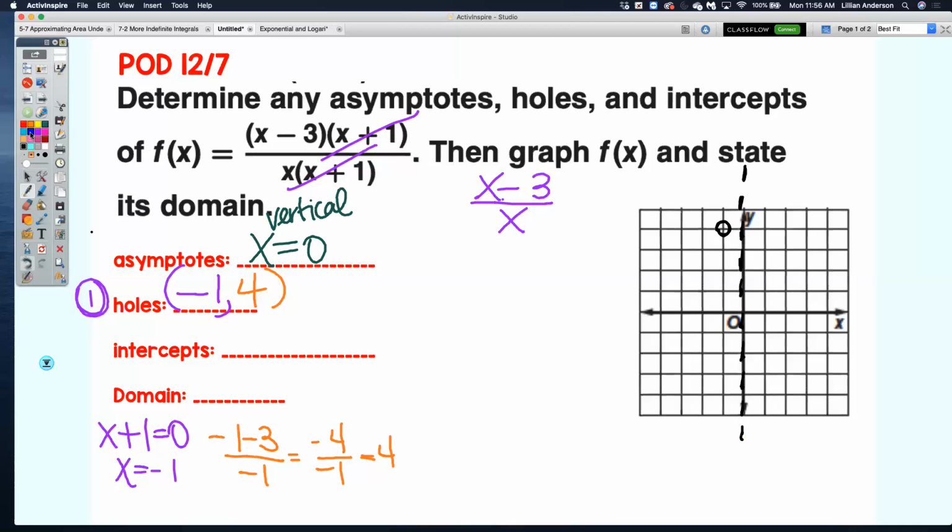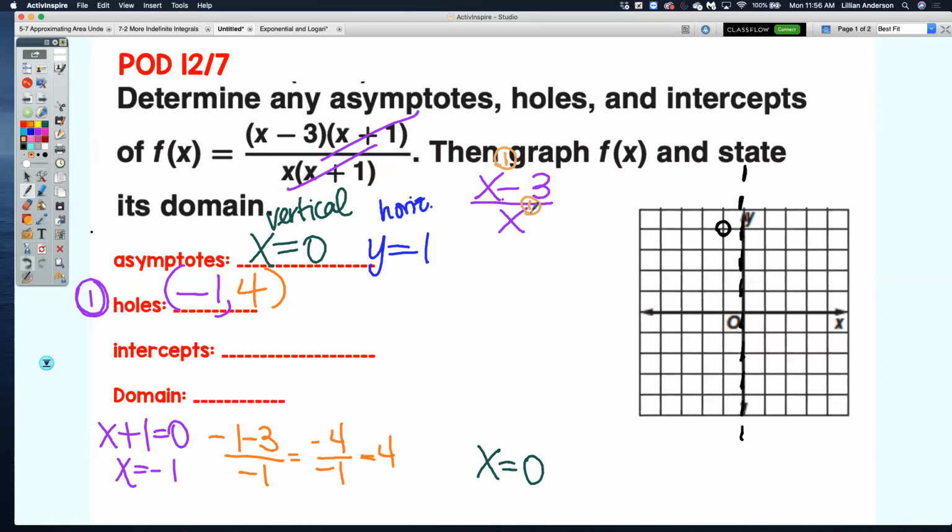Do I have a horizontal asymptote? Yes. Where? Y equals 1. Remember, for your horizontal asymptotes, you have to look at the degree, the power of the top and the bottom.